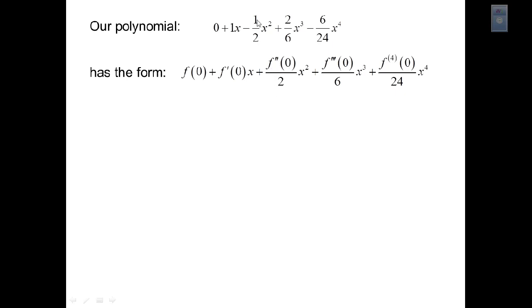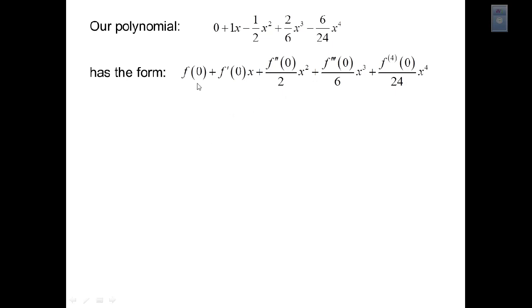That's where we got this term, and the negative 1/2 was f double prime of 0 divided by 2. f triple prime of 0 divided by 6 times x to the third. The fourth derivative of f evaluated at 0 over 24 times x to the fourth. That's where these numbers came from. That's exactly what we did.